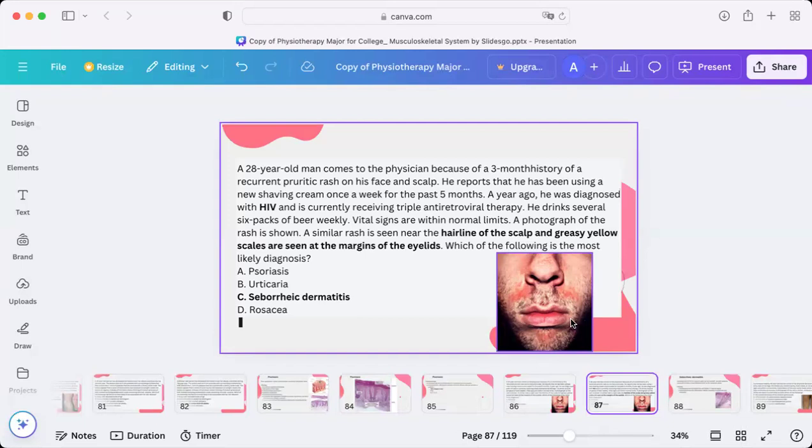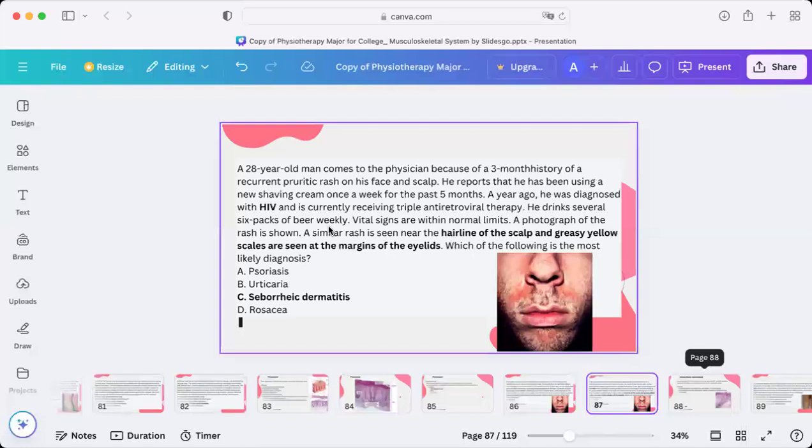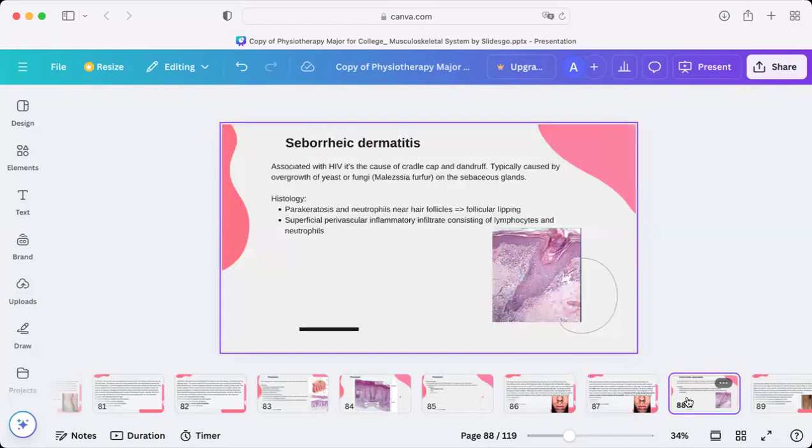In a baby, guys. So in adults, it can either appear like this, or it can appear as dandruff, as Nasser said. In babies, it's something that they call cradle cap. So they'll be newborns, and the mother is going to complain that the head of the baby is flaking. Okay, that's typically how you can see it present.